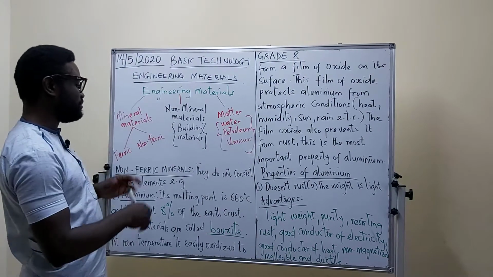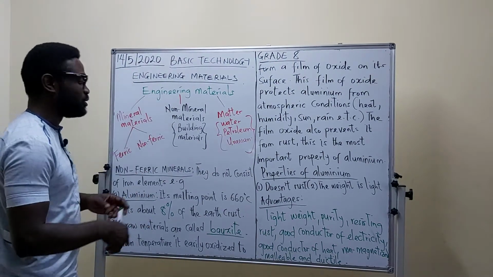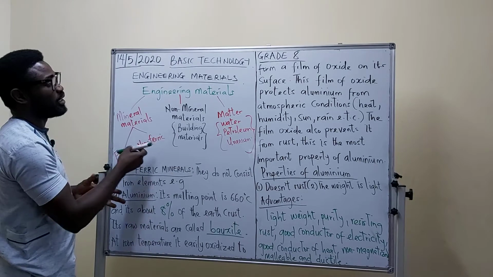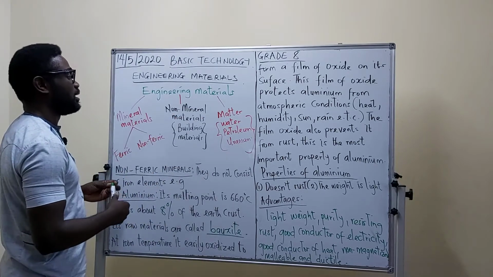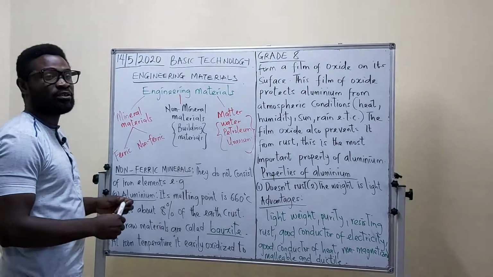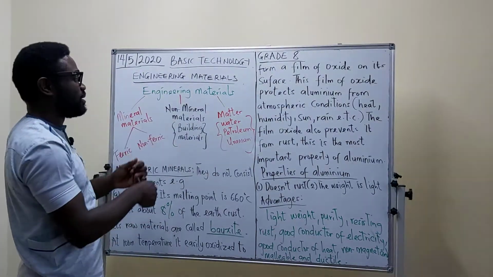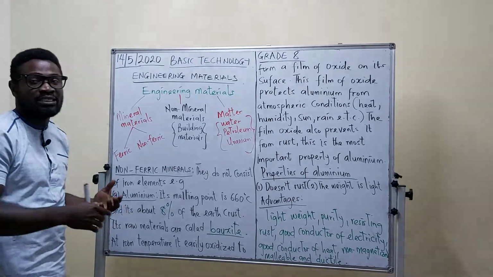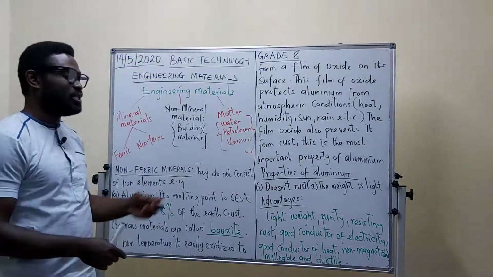Before I go deep down into what we're supposed to do today, I'll give a breakdown of what engineering materials are divided into. Non-mineral materials is another part of engineering materials. When we talk about non-mineral materials, we are simply talking about building materials.